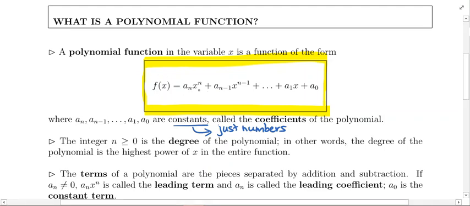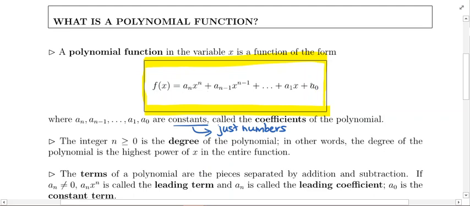So a_n, which is a number, is multiplied by x to the nth power, and then a_(n-1) is multiplied by x to the n minus 1 power, and then dot dot dot, which means there's similar stuff in between. Eventually we get to a_1, which is a number, times x to the first power, plus a_0, which is just a number.